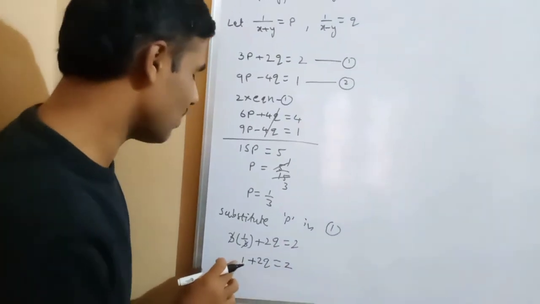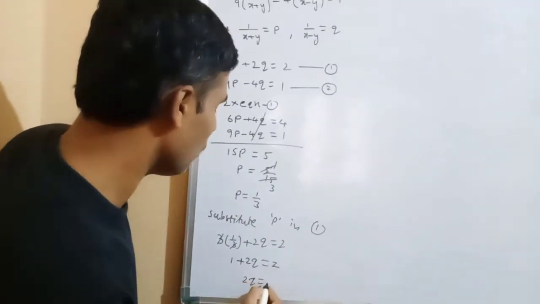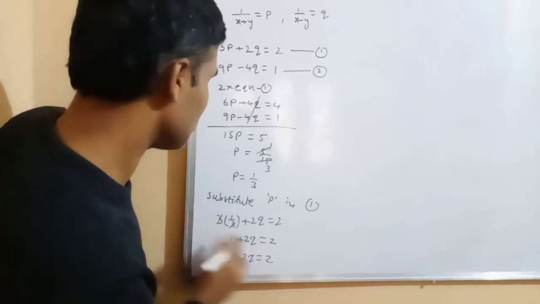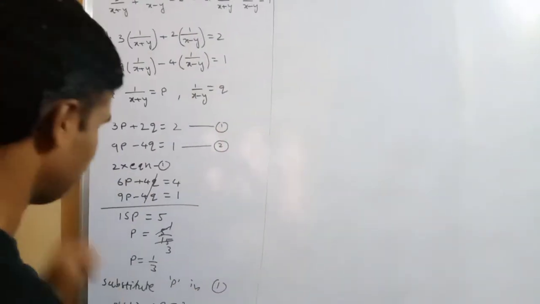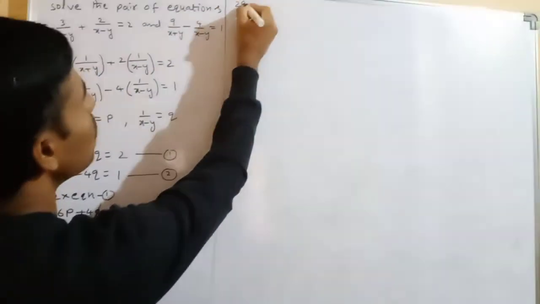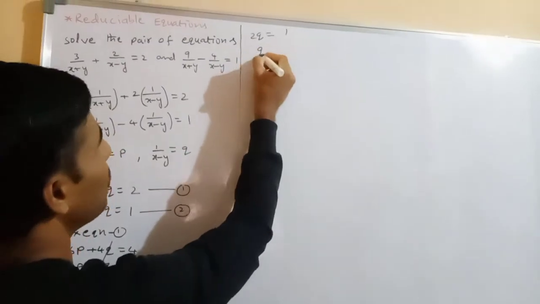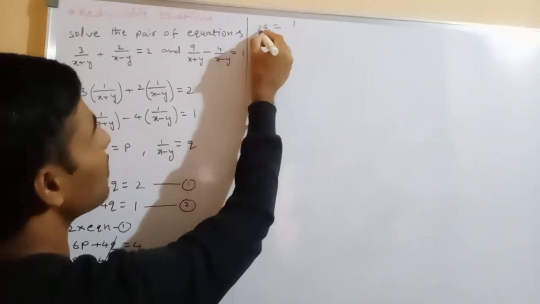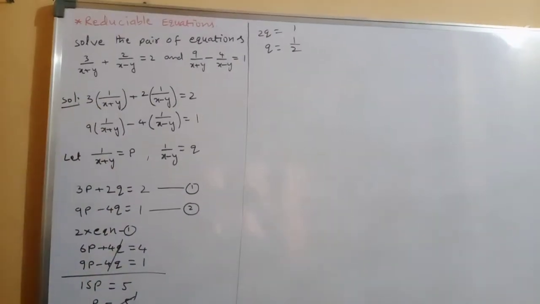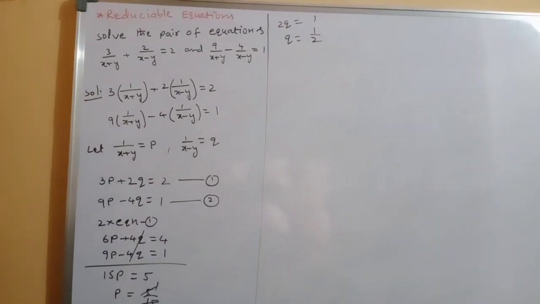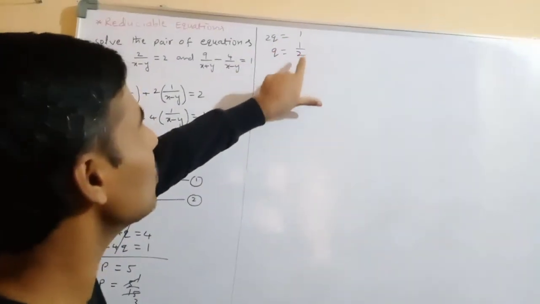Transport the plus 1 to that side and it becomes minus 1: 2q equal to 2 minus 1, which is 1. Transport the 2 to that side, and multiplication becomes division: q equal to 1 by 2. So you got p equal to 1 by 3 and q equal to 1 by 2.